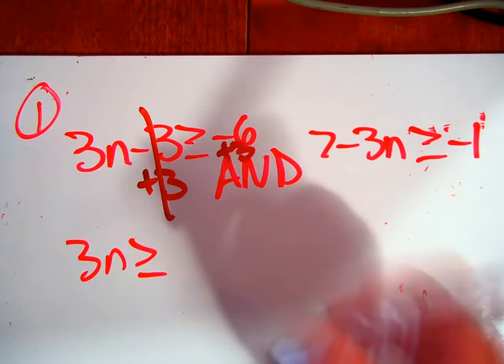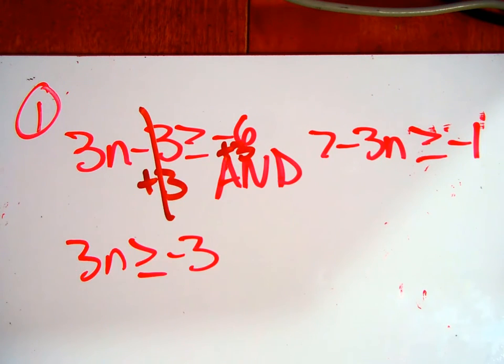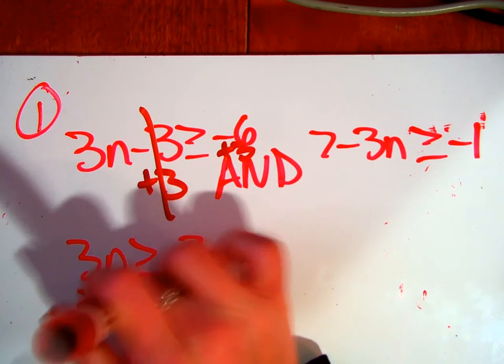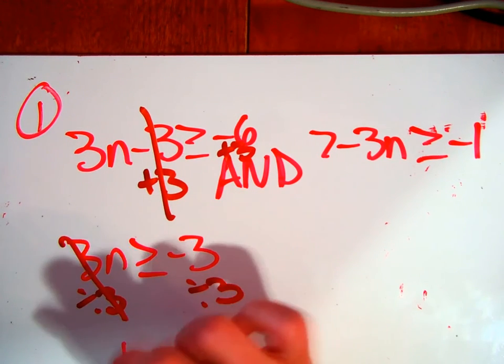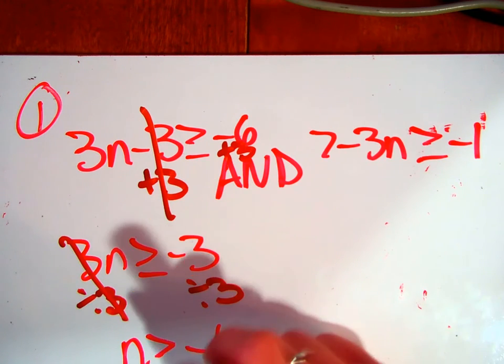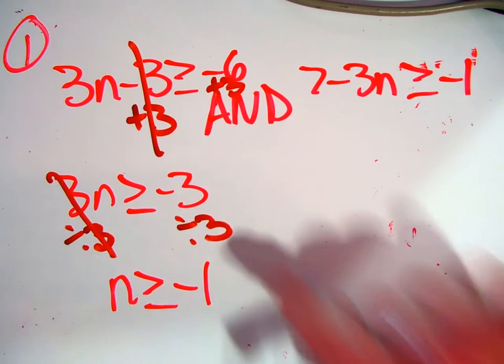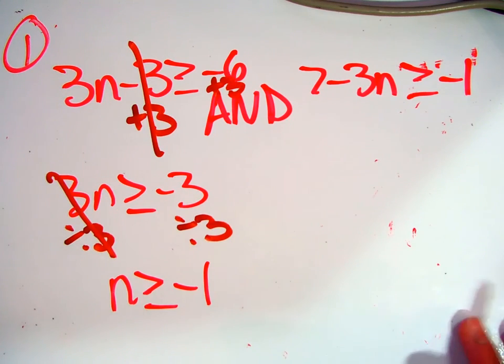Symbol stays the same, and 6 plus 3 is 9. To get rid of the 3 touching the n, we will divide on both sides by 3. Those cross out. Now n is greater than or equal to 3. We do not have to do a flip because we divided by a positive number on both sides.